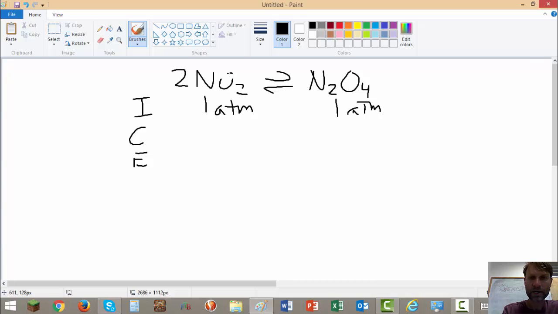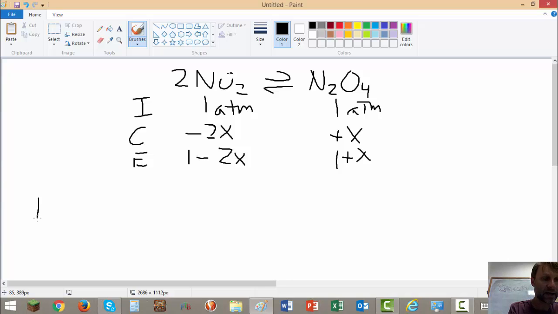And the change, we know N2O4 goes up because the reaction was spontaneous in the forward direction, so that's plus X. And we know that NO2 is going to go down by double the amount because of the coefficient there, so that's minus 2X. So at equilibrium, the amount is going to be 1 minus 2X, and here it's going to be 1 plus X.